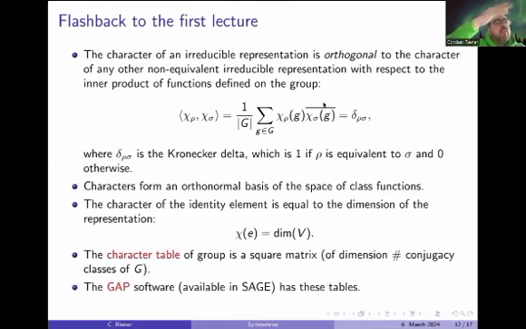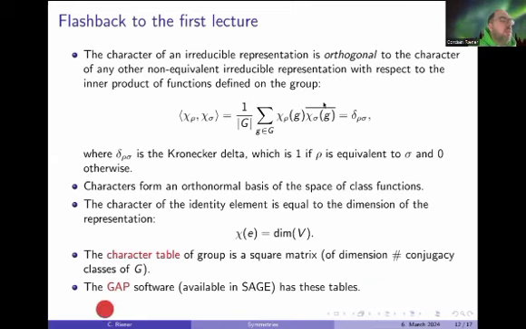And the value that they take only depends on the conjugacy class. So I have as many vectors as conjugacy classes, each of them as long as the number of conjugacy classes. So I get this square matrix. And this square matrix is actually implemented in a lot of software systems.